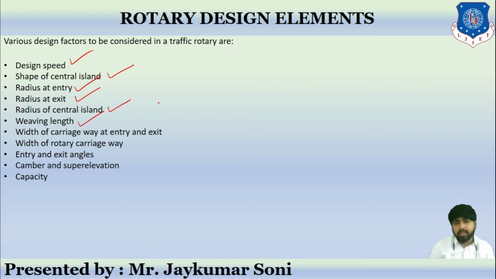We have heard this particular term in the previous session also, so we'll learn about that. Then the width of the rotary carriageway, entry and exit angles, camber, super elevation, and capacity. So you are aware of all these elements.